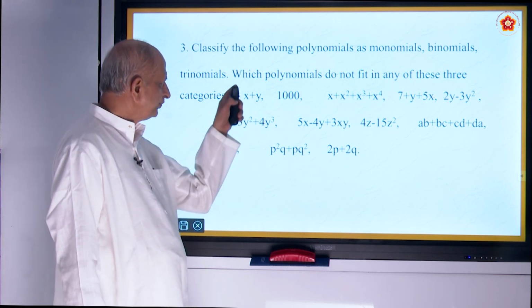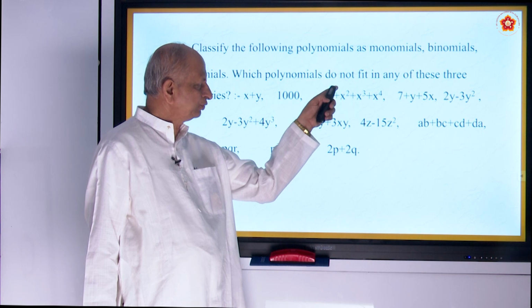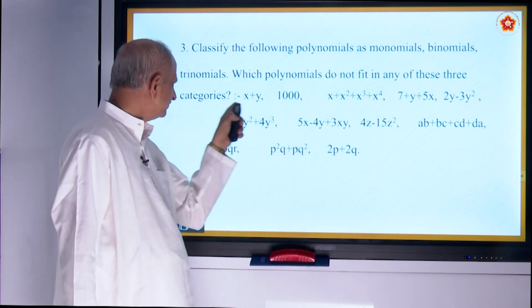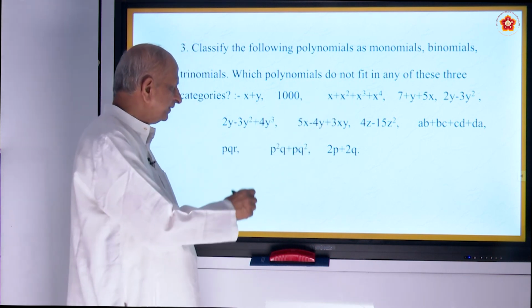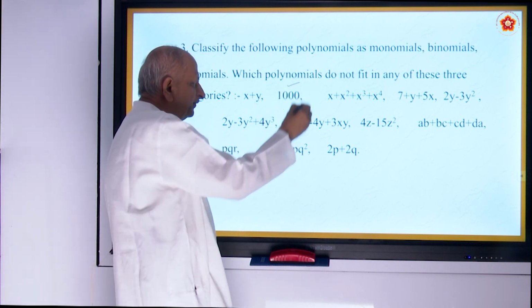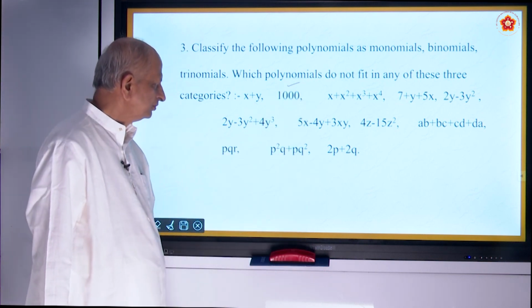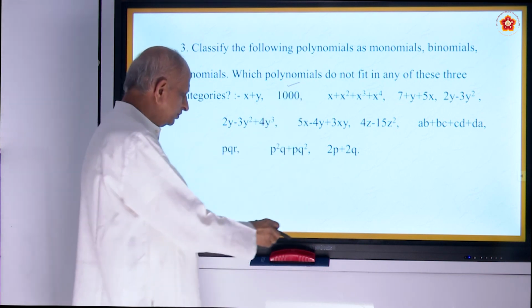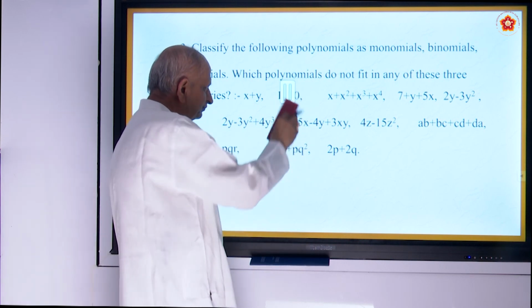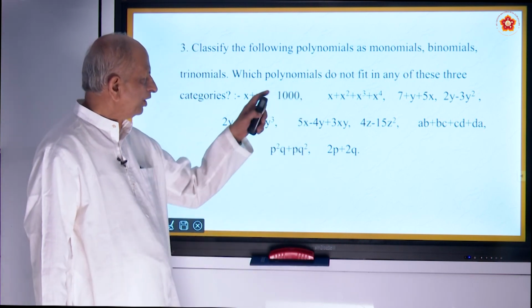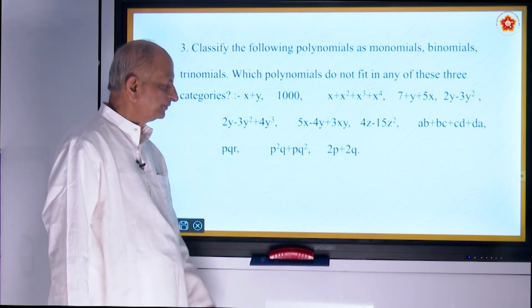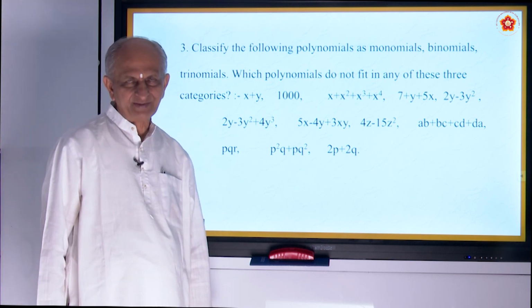Which polynomials do not fit into any of these 3 categories? So, for example, 1000 is there, it does not belong. So, you can think and answer which do not belong to the group of monomials, binomials and trinomials. We will try for that.